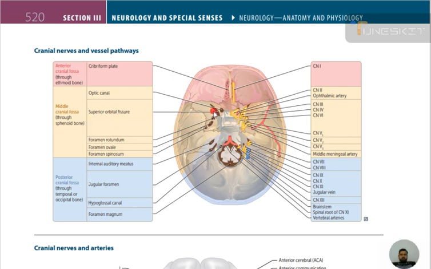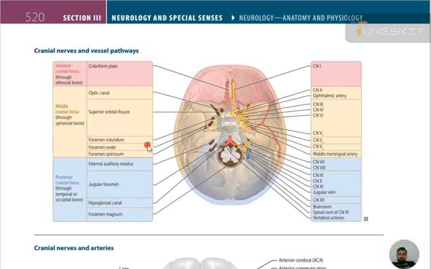Superior orbital fissure, from where a lot of structures pass: cranial nerve 3, cranial nerve 4, cranial nerve 6, and the first branch of cranial nerve 5. The foramen rotundum is the other structure, from where cranial nerve 5, branch number 2, passes.